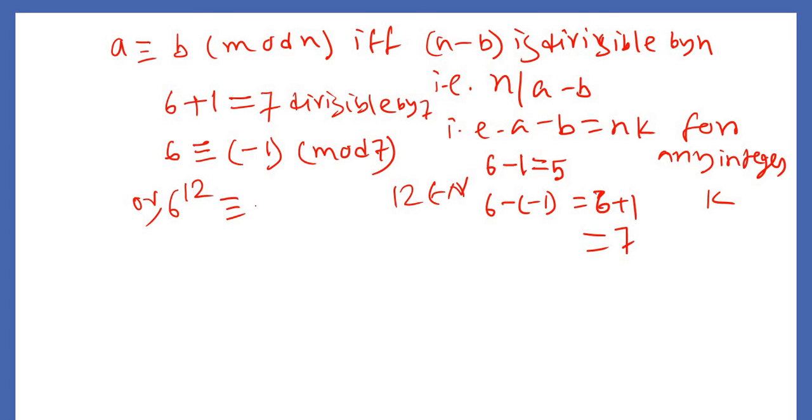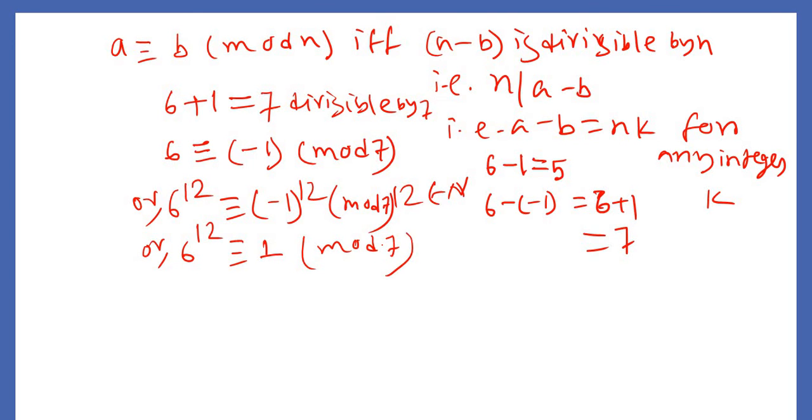So it would be 6 to the power 12 congruent to minus 1 to the power 12 mod 7. Now we know that when the power of minus 1 is an even number, it becomes plus 1. So on the right hand side we get 1, right? So 6 to the power 12 congruent to 1 mod 7.